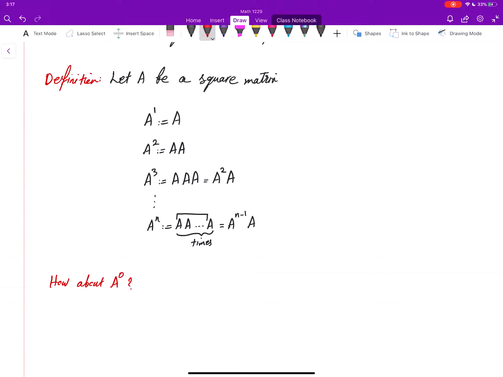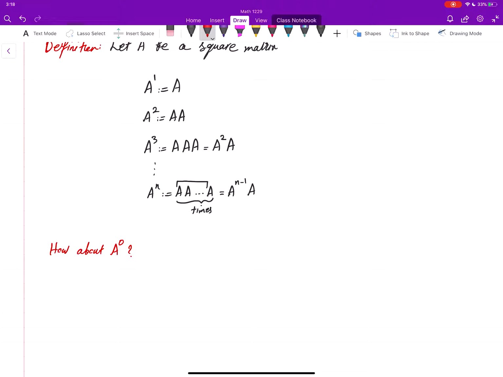The negative powers are related to the inverse matrix topic. We will study it in another section. But A to the power 0: remember for numbers, any non-zero number x to the power 0 is equal to 1.